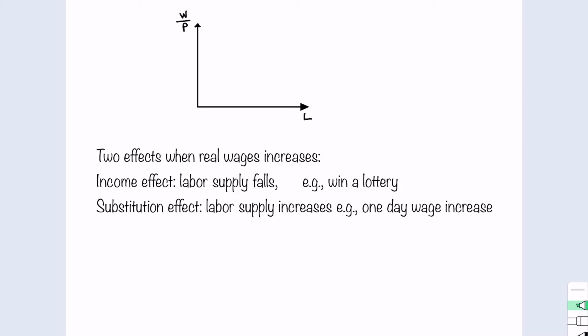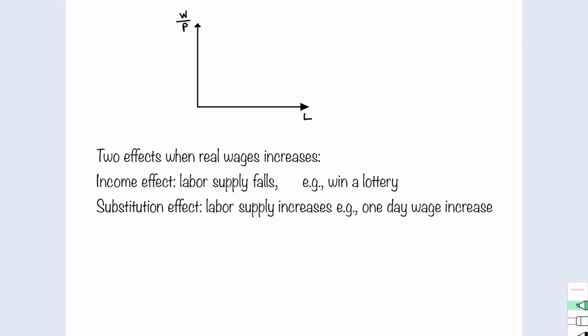So how will these two effects interact such that it affects the labor supply decisions? When the wage increases, there's always an income effect and a substitution effect going on behind the scenes. When the income effect dominates the scenario, the total labor supply should fall.